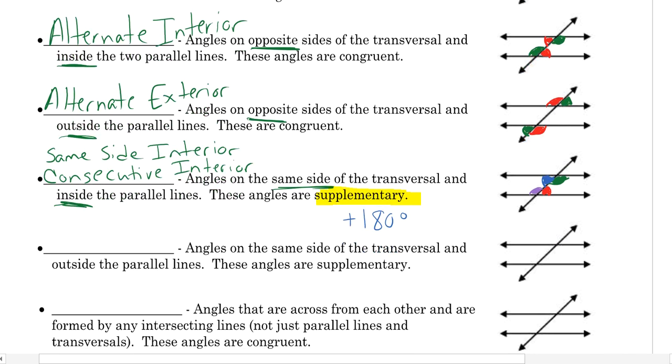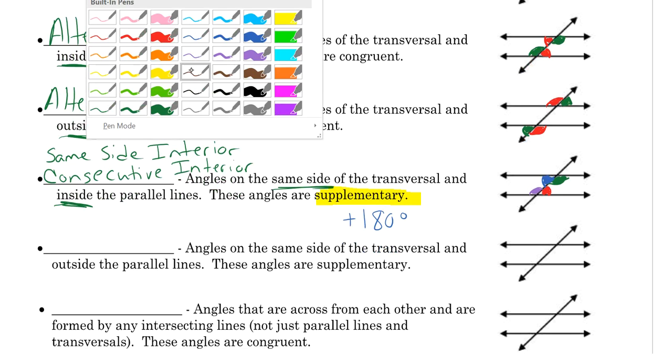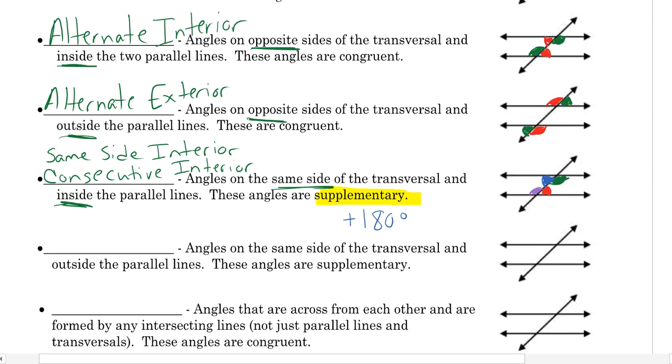Angles on the same side of the transversal and outside the parallel lines, I think by using our inferencing skills, we can recognize that this is going to be relatively similar to the previous one, either same side exterior angles or consecutive exterior angles.